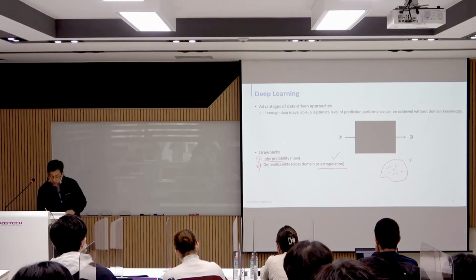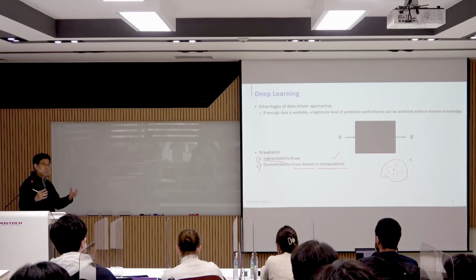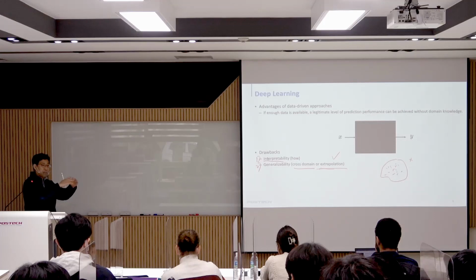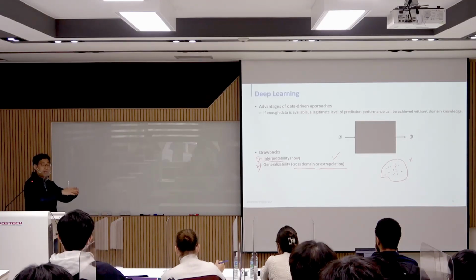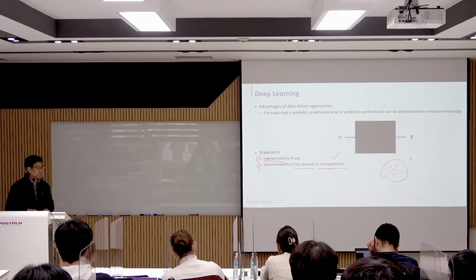And what does cross domain mean? Suppose you want to monitor some machinery in your factory, say you have 10 of the same machines, and you want to apply anomaly detection.